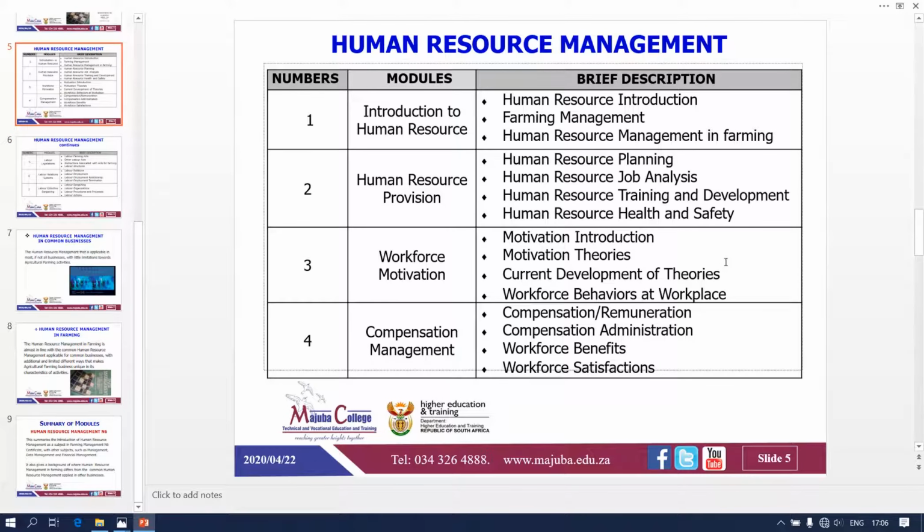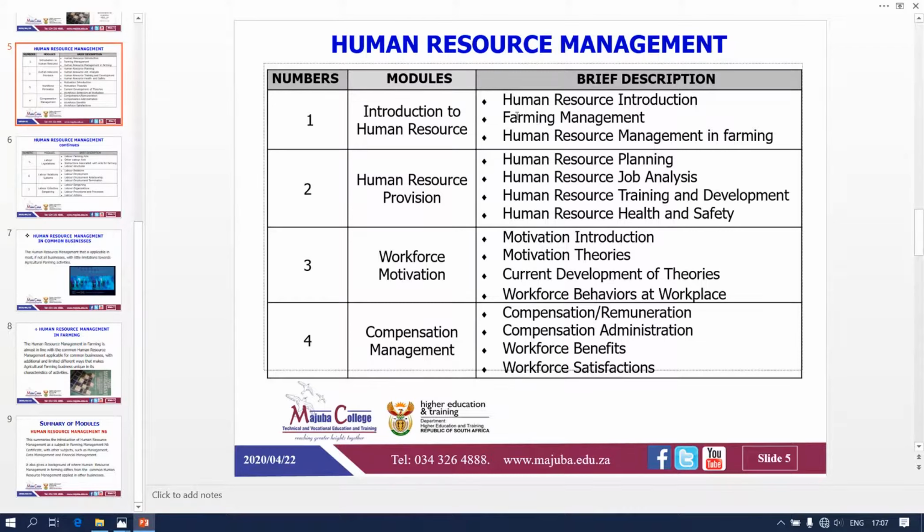Our module that we are going to start with is module 1, right? Number 1, introduction to human resource, where we're going to tackle those 3 aspects in our first module. So our lesson 1 will be human resource introduction. Lesson 2 will be farming management. Lesson 3 will be human resource management.